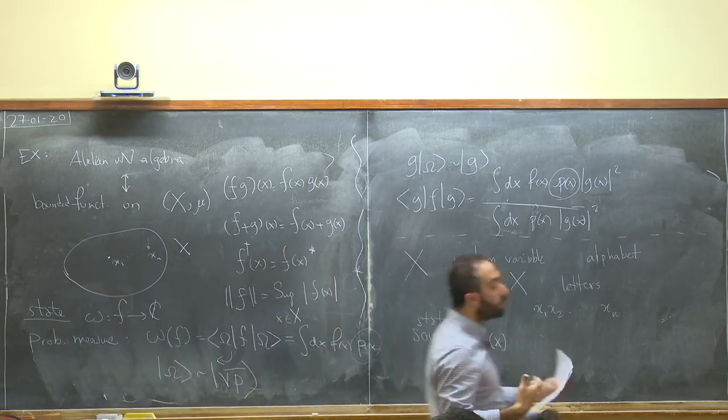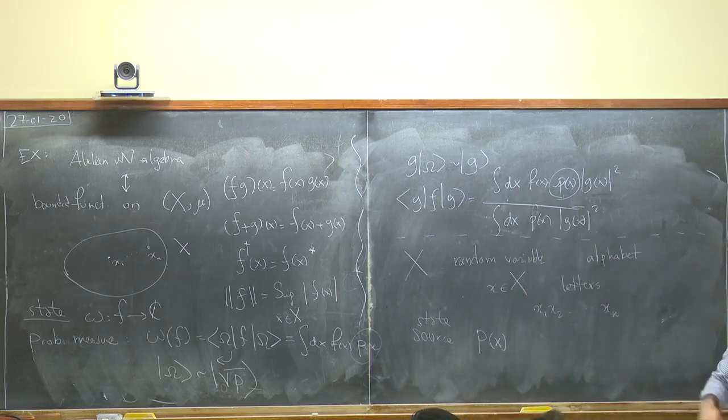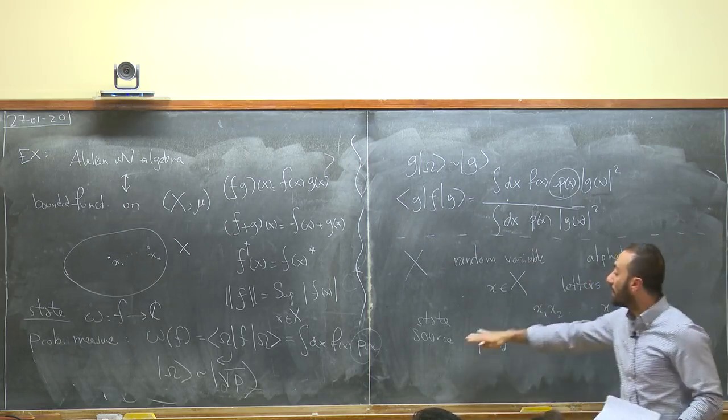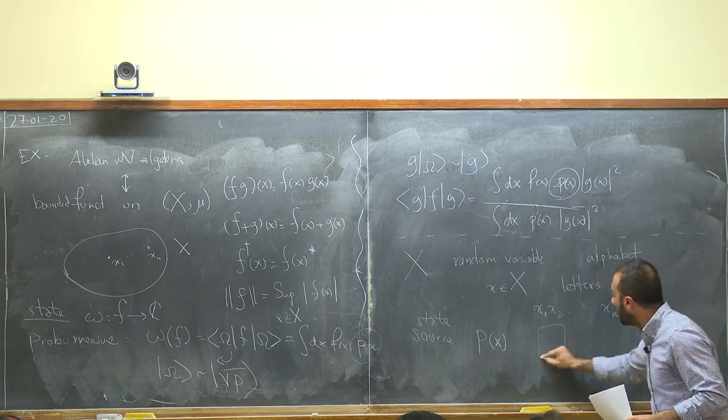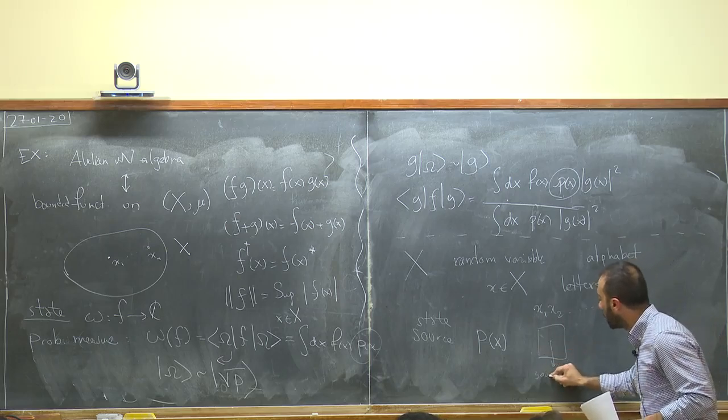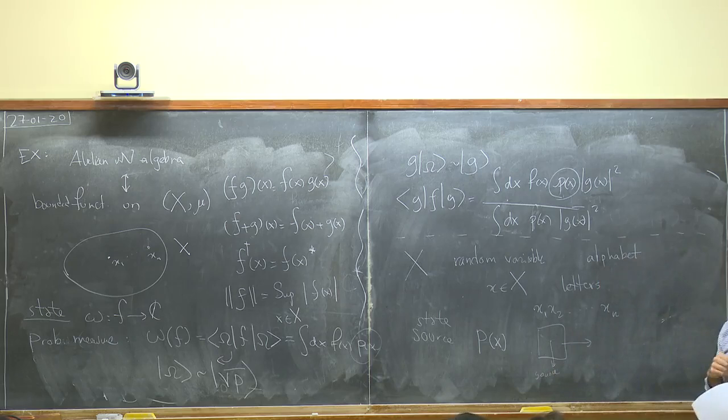So the task of information theory, maybe this is a little bit formal, but this is how we go about defining things. You have a random variable. You have a source that produces letters with probability distribution P of x. This is producing some message. In the limit of these messages being very, very long, how well can you compress them?